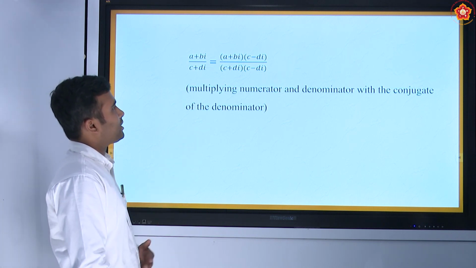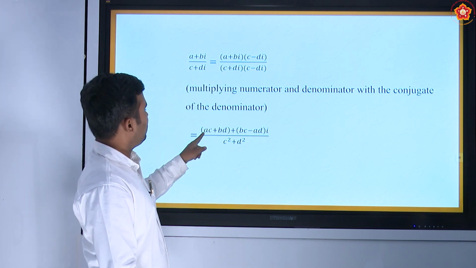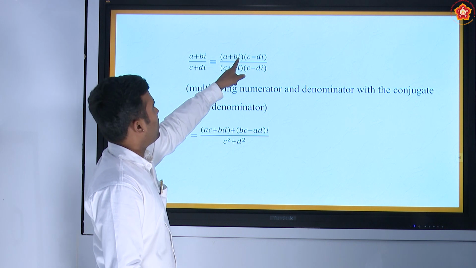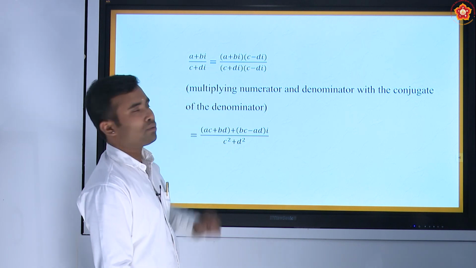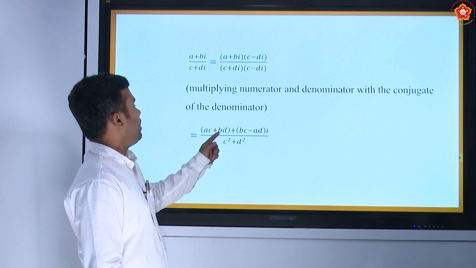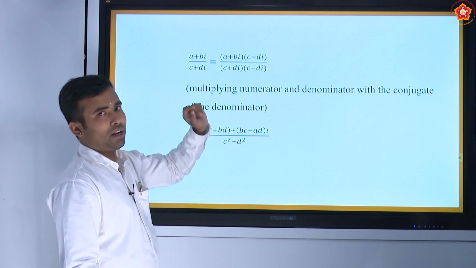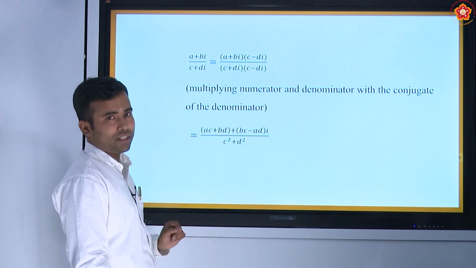We have multiplied that, and here you see A into C, we multiplied this into this, plus this into this, and Bi into minus Di becomes minus BD into I square. I square is minus 1, so minus and minus becomes plus here.